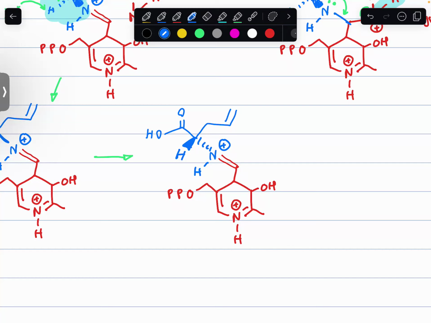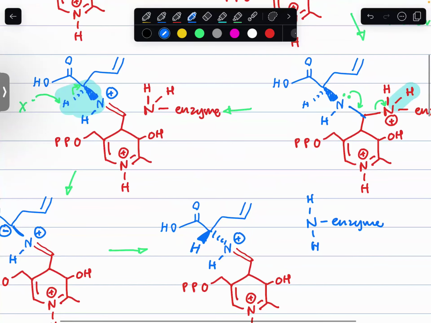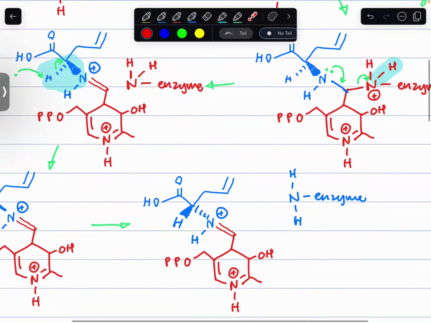And so for that, we're going to follow basically the same steps we did before. So we have our amine that's attached to the enzyme. This is the same as this one. I just didn't draw it in the steps where we didn't use it, but it was still hanging out.